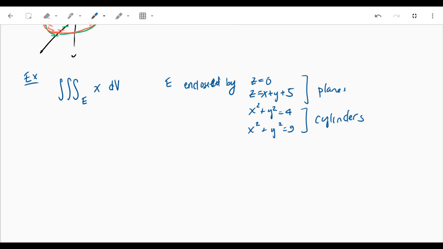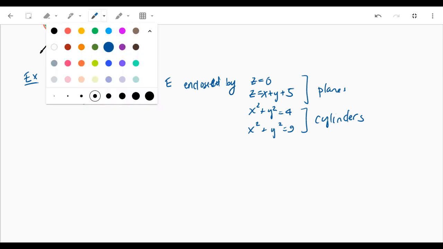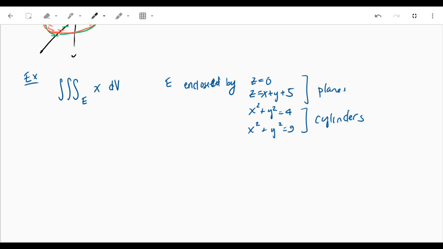Again, we might want to sketch this first, especially because there's a lot going on. Those cylinders are kind of easy to draw, actually easy to imagine too.